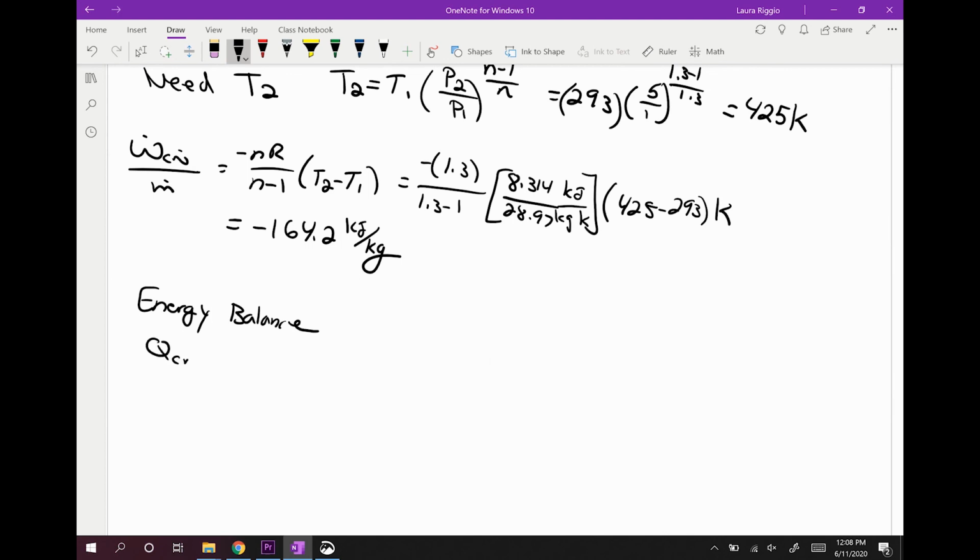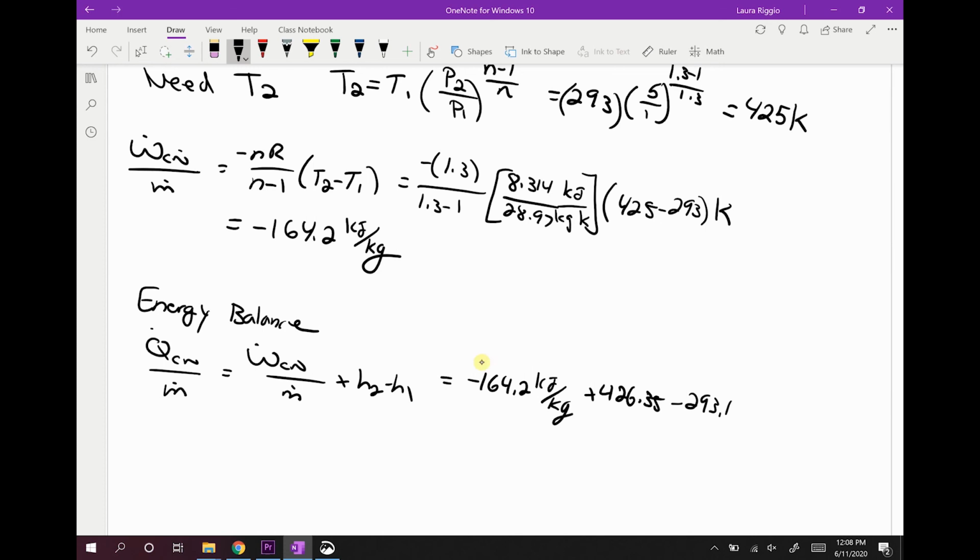Our heat transfer is our work plus our change in enthalpy, which is equal to minus 164.2 plus the enthalpy change, and these are from table A-22.